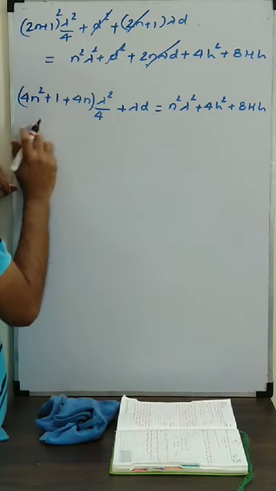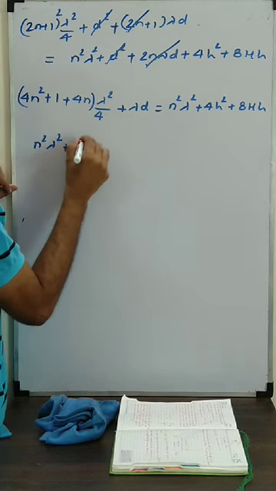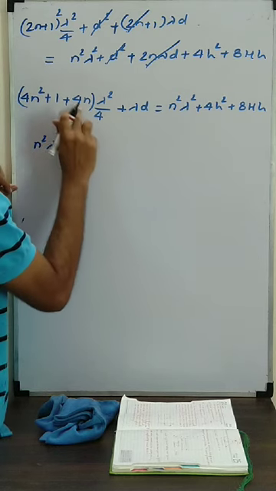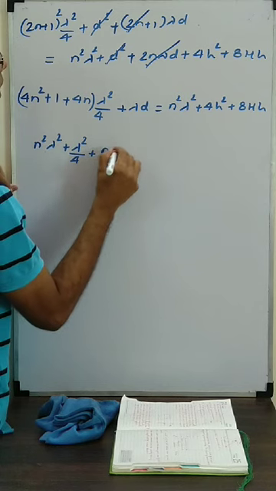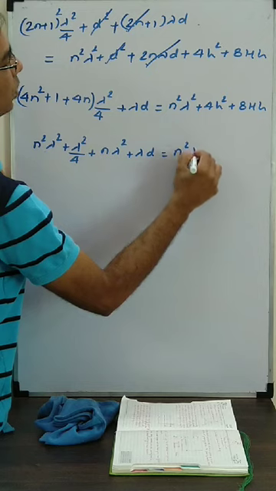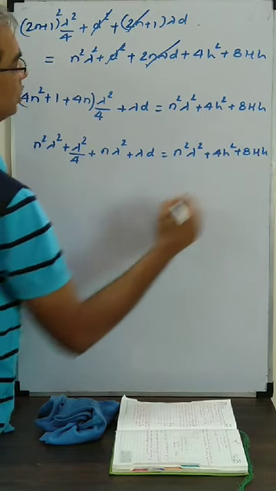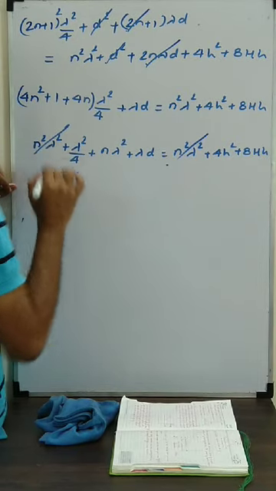Multiply this inside. That becomes n square lambda square plus n lambda square plus lambda square by 4, and 4 and 4 here cancelled. So n lambda square plus lambda d equal to n square lambda square plus 4h square plus 8h into h. This n square lambda square gets cancelled.